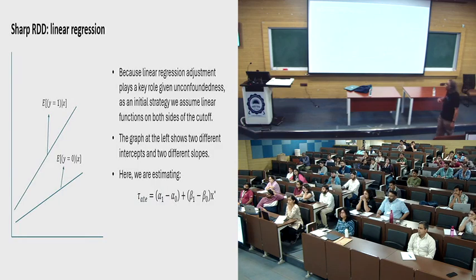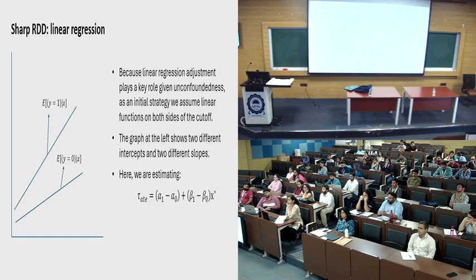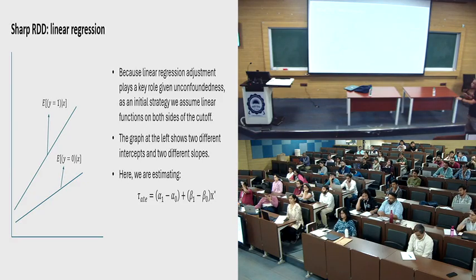Fine. Linear regression, very simple framework. Again, I have the two intercepts, two different slopes, and I can think of linear regression adjustment playing a key role given the unconfoundedness assumption. And here we are just assuming a linear function on both sides of the cutoff. Okay.